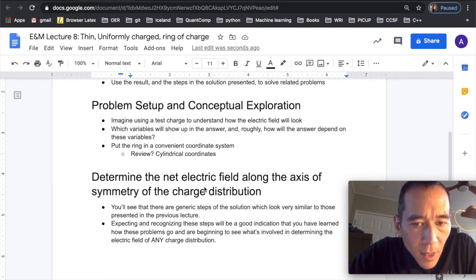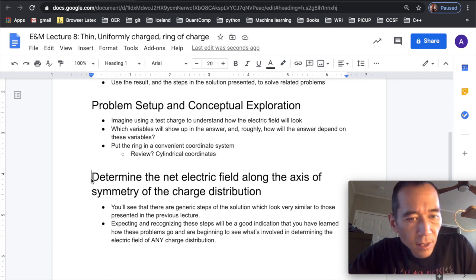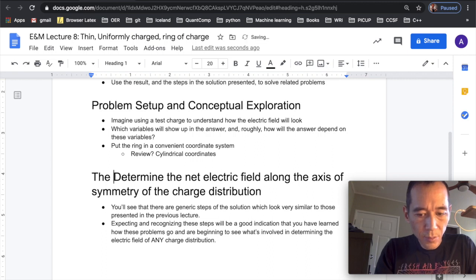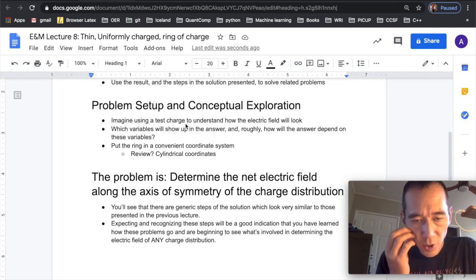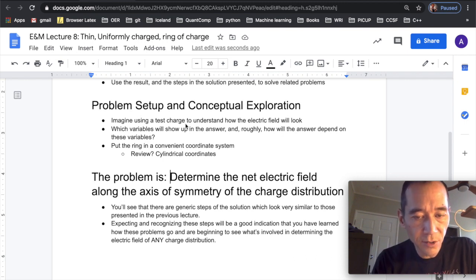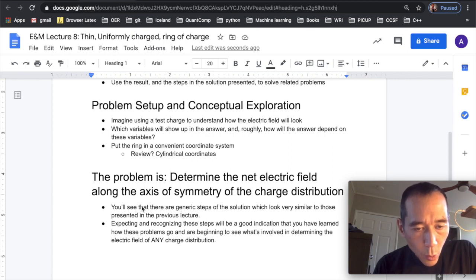So this actually is our problem. The problem is determine the net electric field along the axis of symmetry of a ring of charge where the charge is uniformly distributed on this ring. Hopefully, during our solution steps, you're going to see that there are very generic steps of the solution.